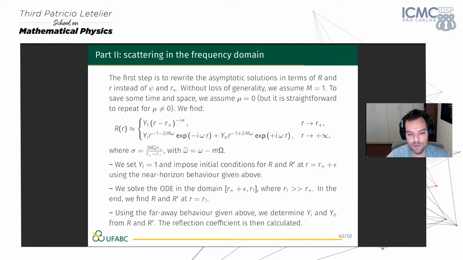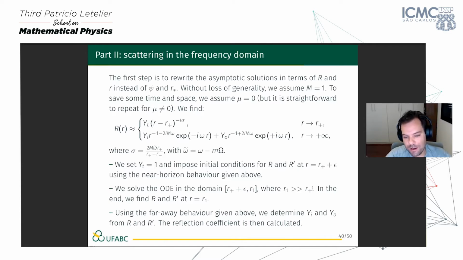And omega t is also known if you have chosen the frequency. So we know everything, and we then have the initial condition. We then solve the equation. We start near the horizon, and we evolve the equation until a point which should be sufficiently far away from the event horizon.